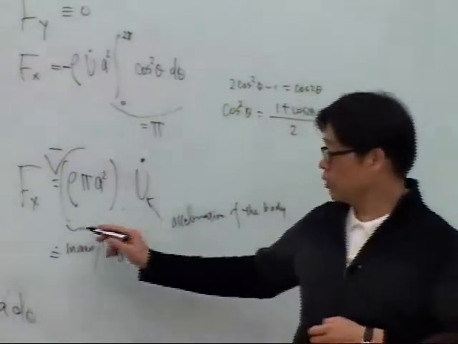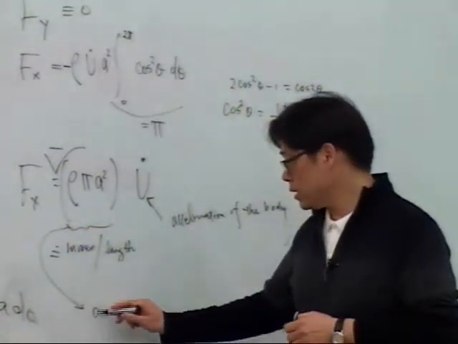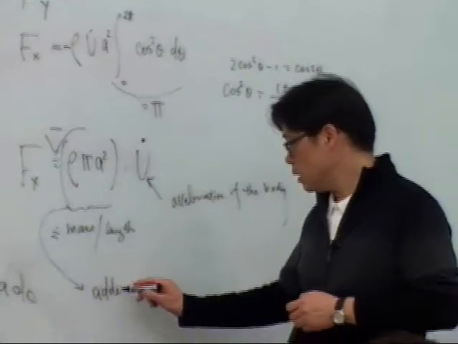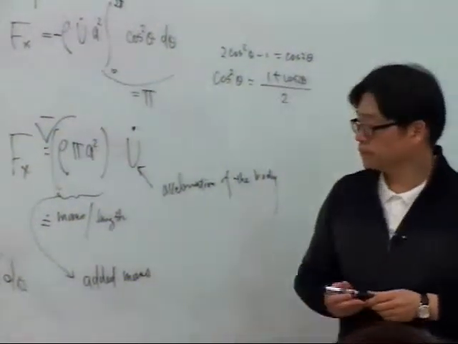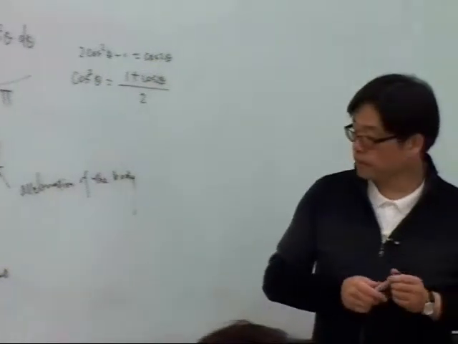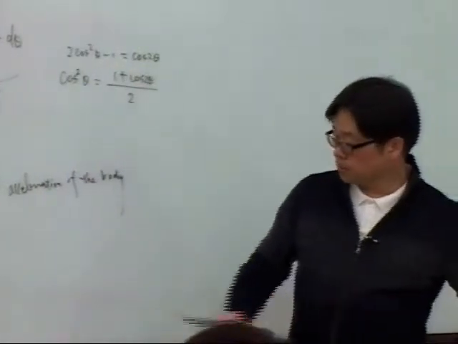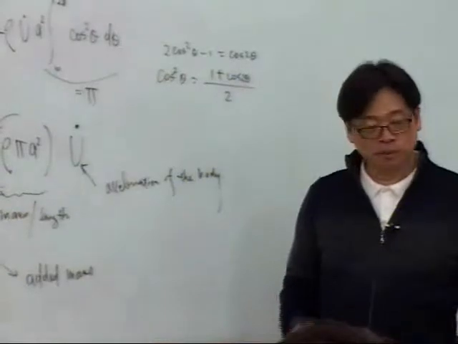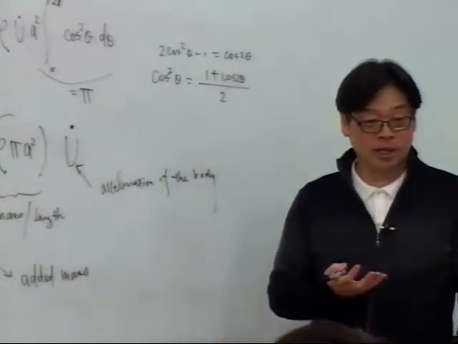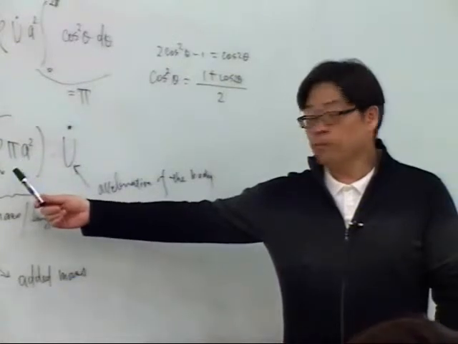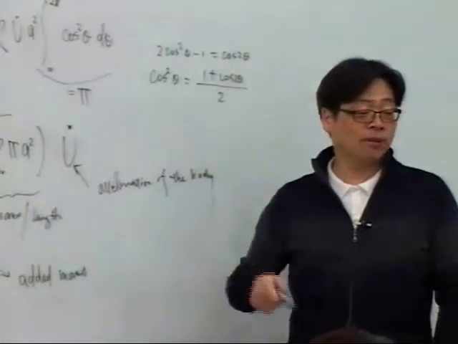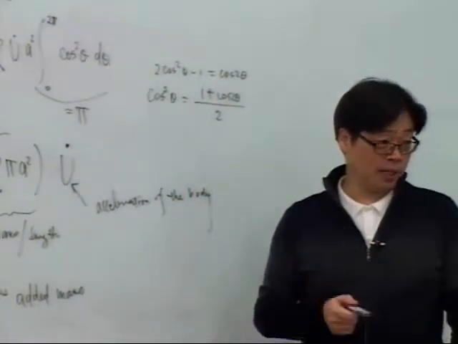So this particular part is called the added mass. You shouldn't confuse it with the real mass of the body. This is area or volume multiplied by the density of the fluid, not the density of the body.